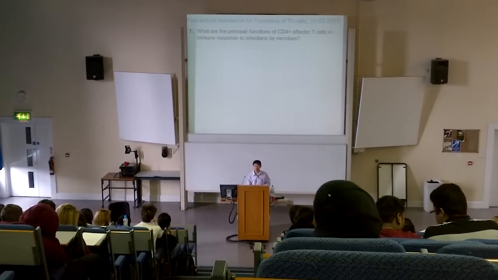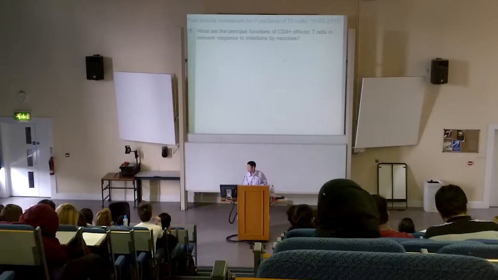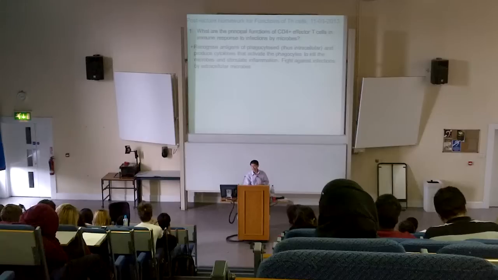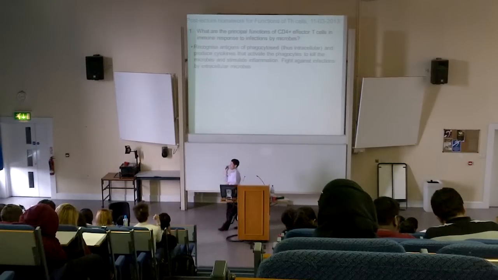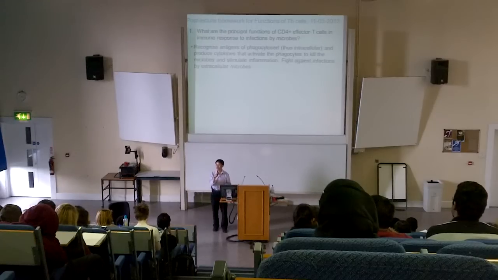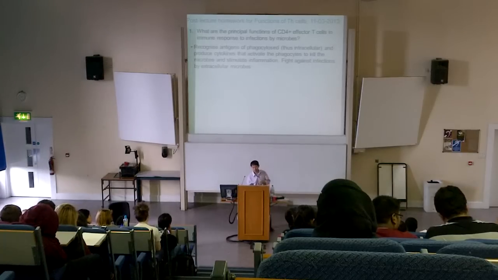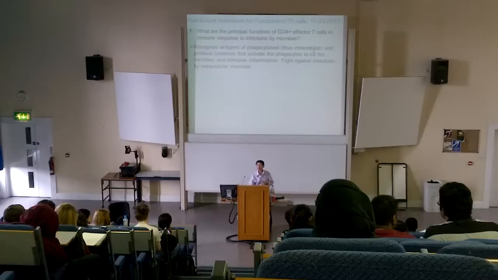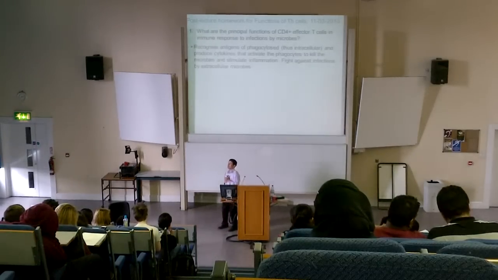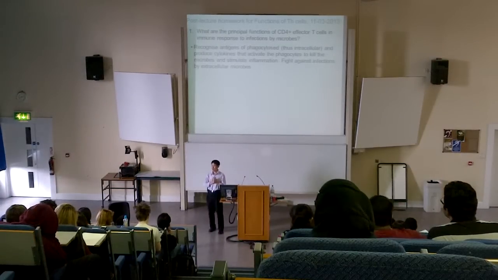So first is to fight against intracellular pathogens. So these pathogens are internalized into the cells and they live within the phagocytes. So the pathogens inside the phagocytes will undergo antigen processing and presentation.